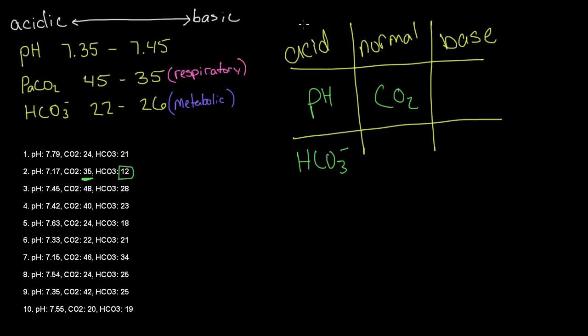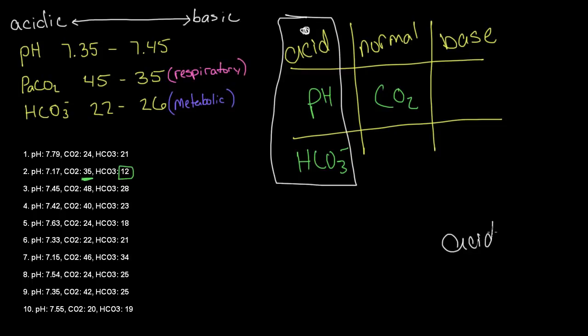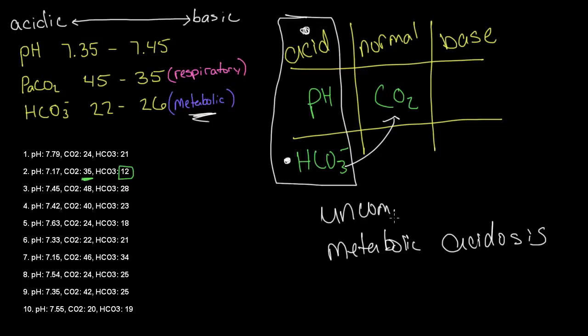So where's our tic-tac-toe? It is right here, using the acid column. Acidosis, write down acidosis. Which parameter made up our tic-tac-toe? This is our HCO3, which is a metabolic parameter, so we are in metabolic acidosis. And where's the other parameter? It's over here. The CO2, this respiratory value, is in the normal column, so this means we are uncompensated.